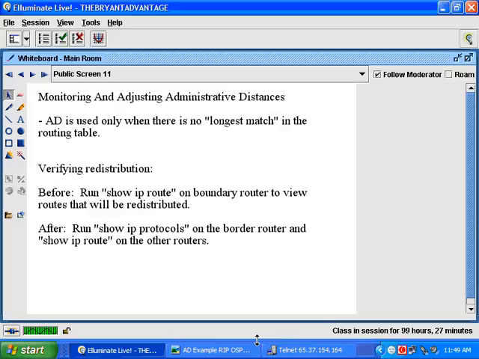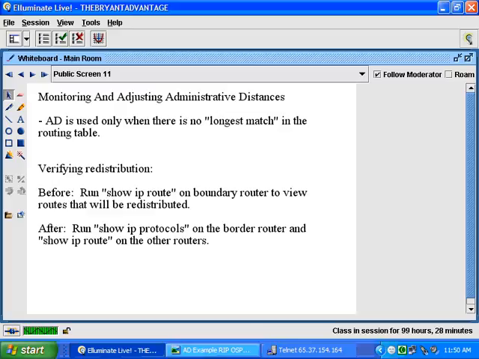You recall certainly that AD is only used when there is no longest match in the routing table. We're looking for the longest prefix, and if we have a tie and the prefix length for a destination network is the same but on two different routes, and 2 different protocols are reporting them, there's got to be a tiebreaker, and that tiebreaker is the administrative distance.